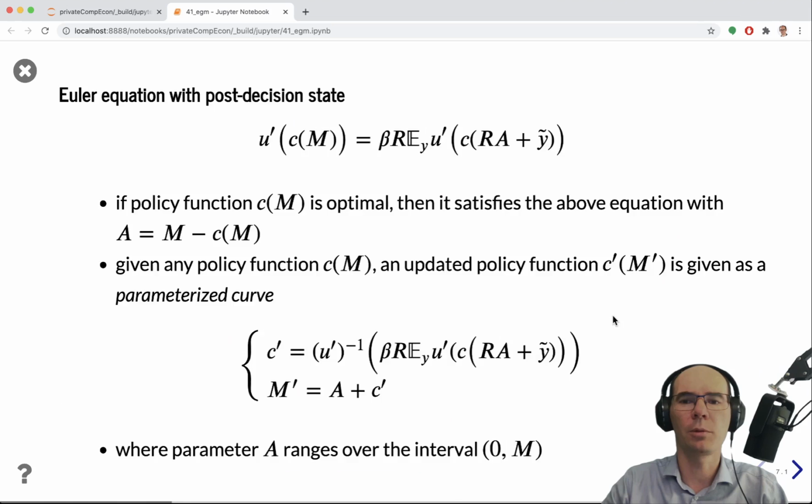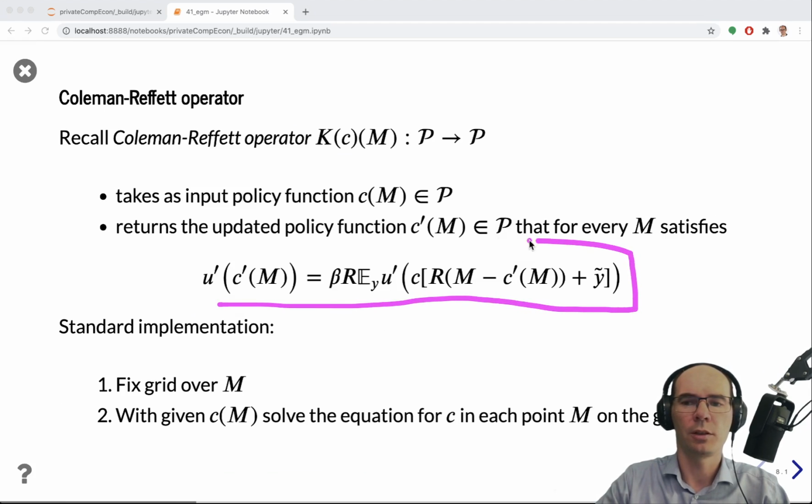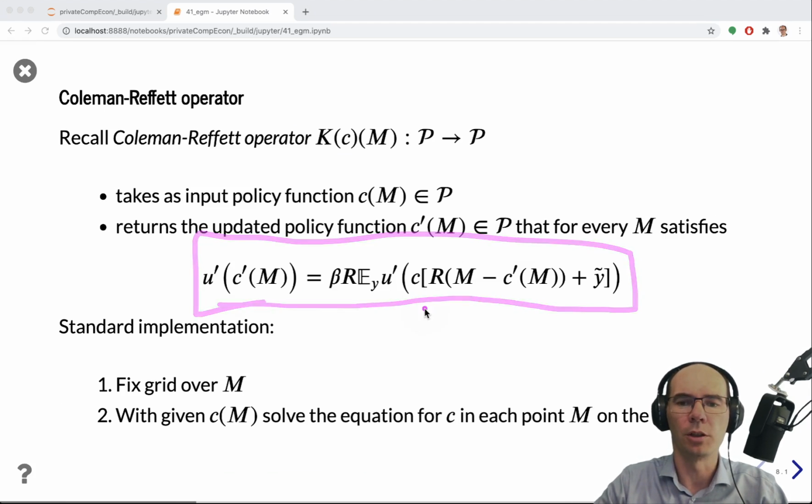And if you think back about the time iterations, remember we had the Coleman-Reffett operator, the K operator, going from the space of policy functions into the space of policy functions. It would take as an input a policy function C of M and return the updated policy function, where the updating would ensure that the updated policy function satisfies the Euler equation, right?